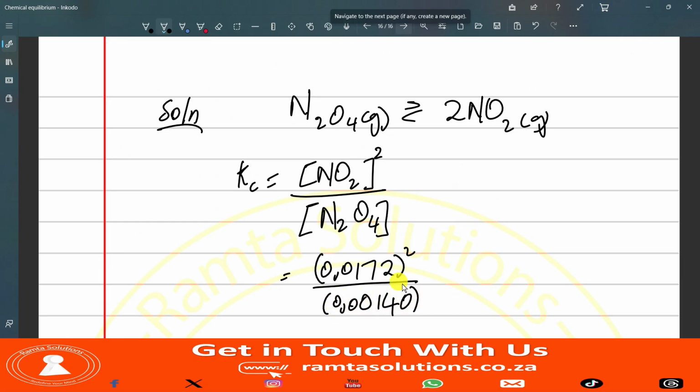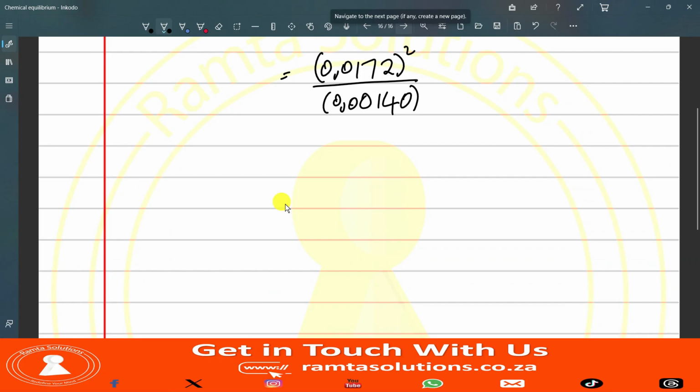Now, let's take out our calculators and confirm this. So this is 0,0172 squared over 0,0014. What do we get? We get 0,21. Remember, this is unitless.